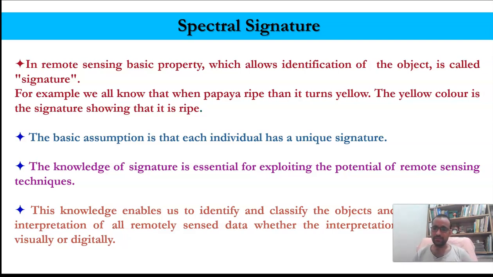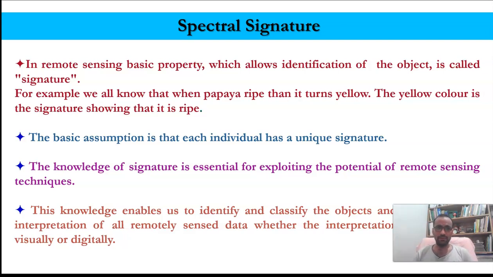For spectral signature, we have to understand how different kinds of wavelength react with the object, and how we are going to identify it during our remote sensing analysis, right? Like interpretation techniques, we are going to discuss. In remote sensing, the basic property which allows identification of an object is called its signature.